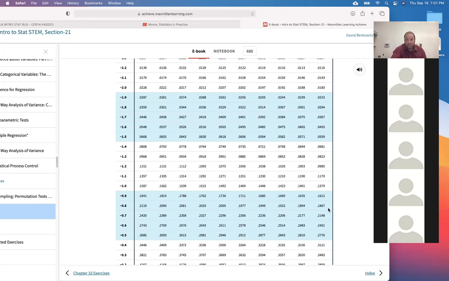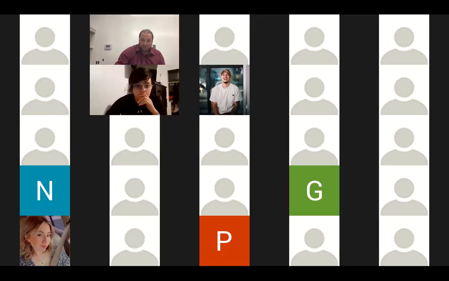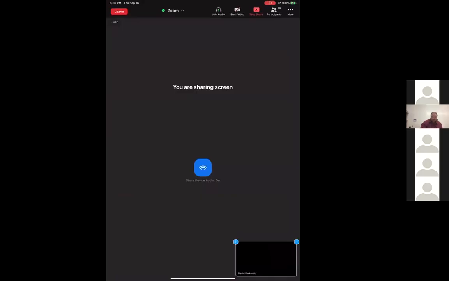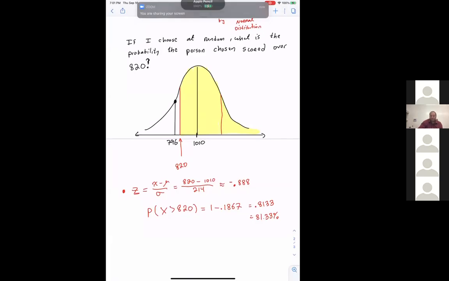Does that make sense? Are there any questions on how to use the table to find probabilities?